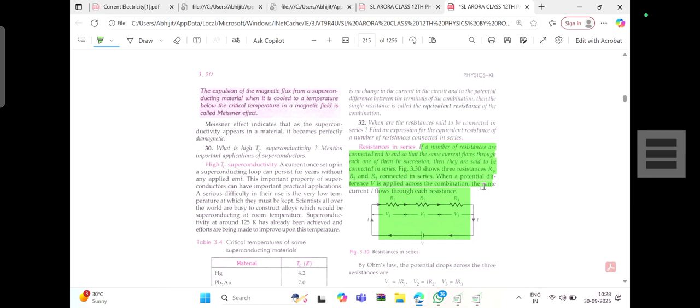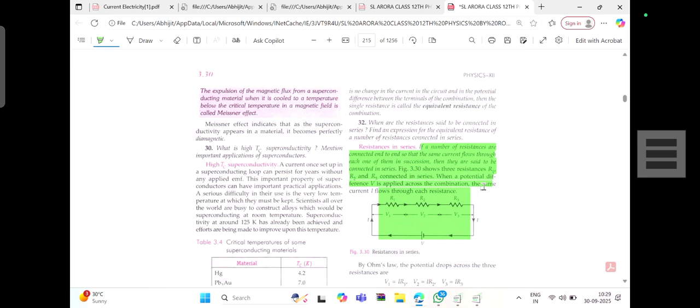Am I clear? When three or more resistances are connected end to end so that the same current flows through each one of the resistances, then it is called the series combination of resistances.